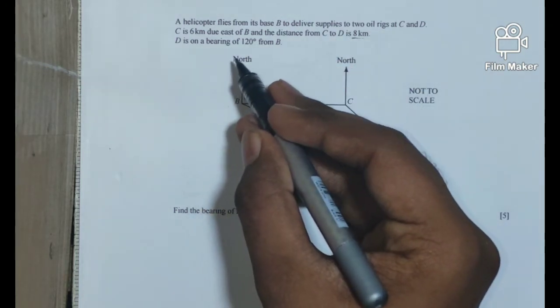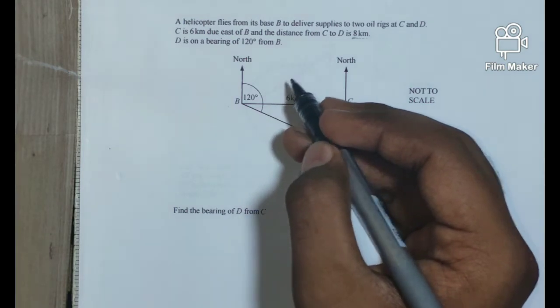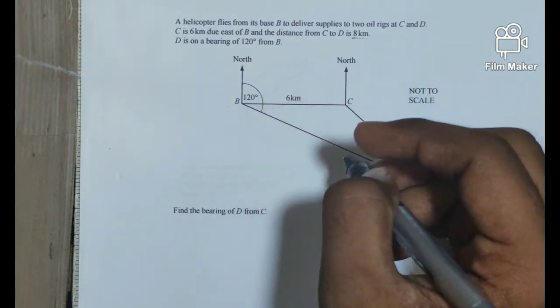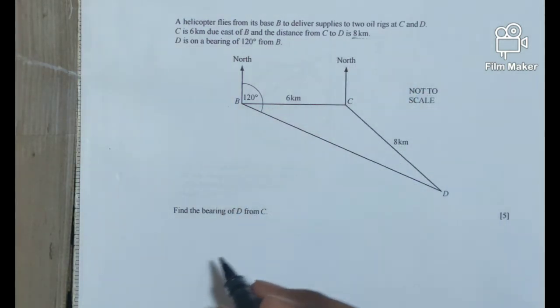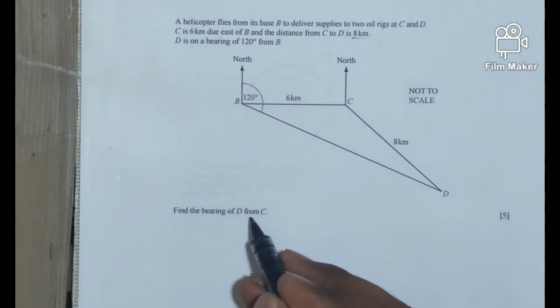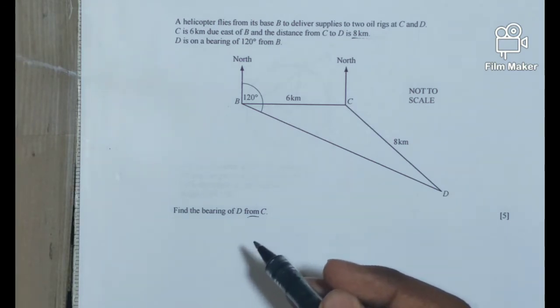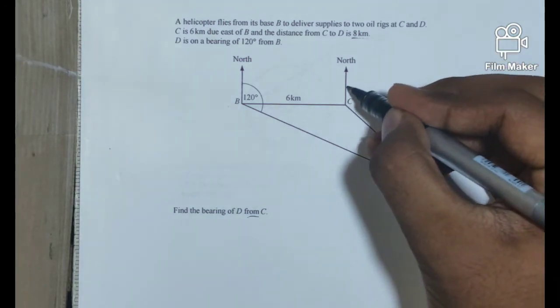D is on a bearing of 120 degrees from B. So this is the diagram, and it's asked to find the bearing of D from C. So here we need to find this angle.